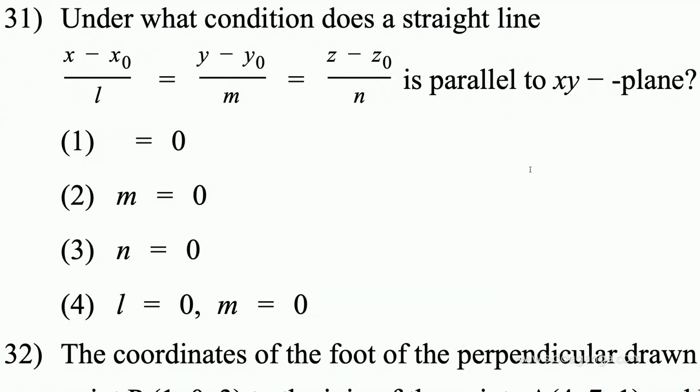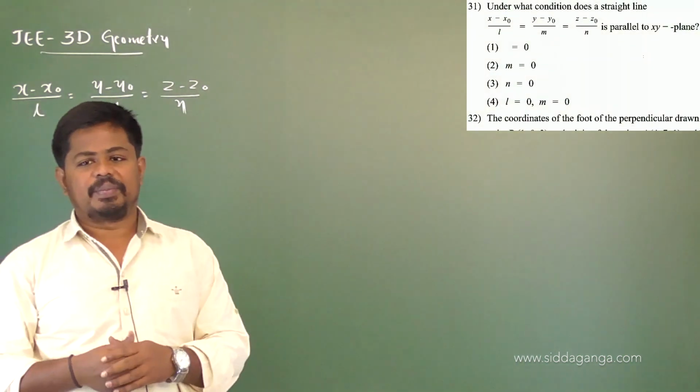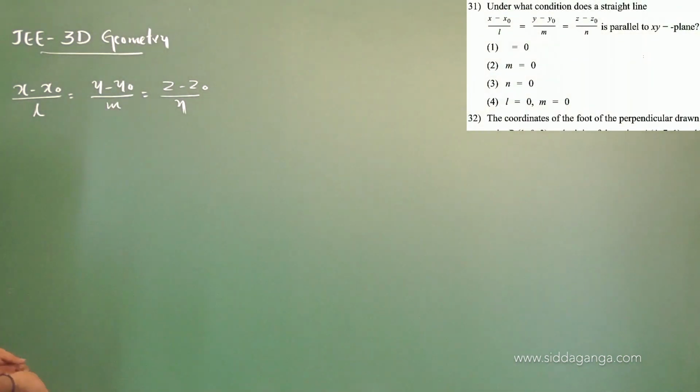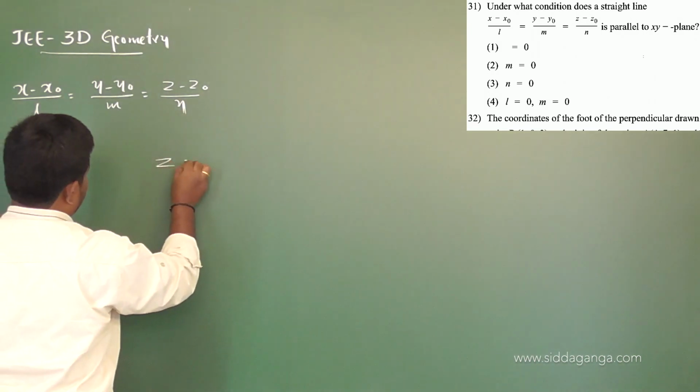Under what condition does a straight line (x minus x naught)/L equal to (y minus y naught)/M equal to (z minus z naught)/n become parallel to the xy plane? So, we know the equation of the xy plane is what? Z is equal to 0, right?